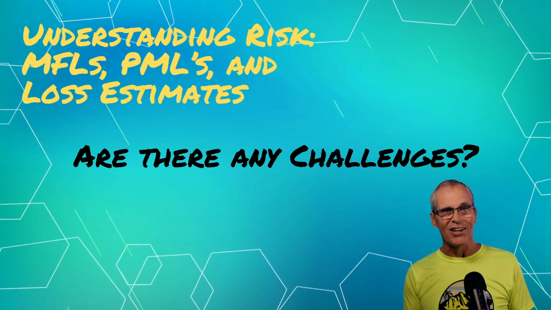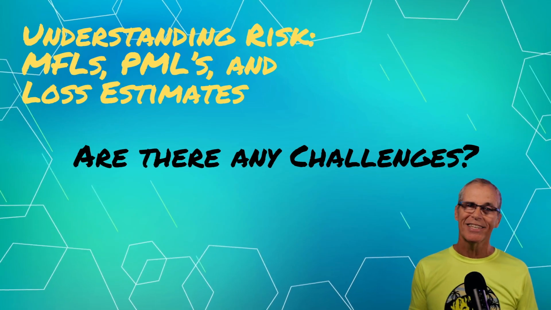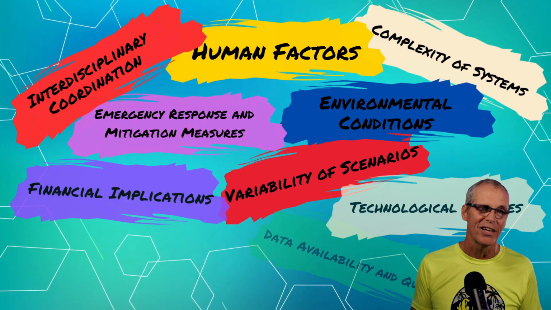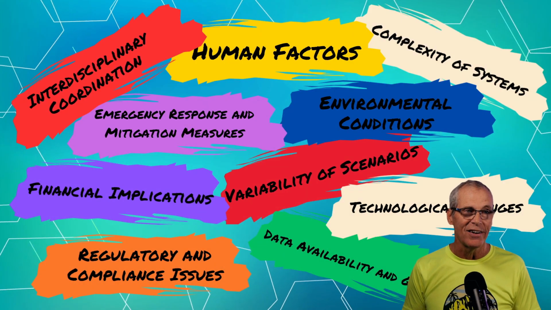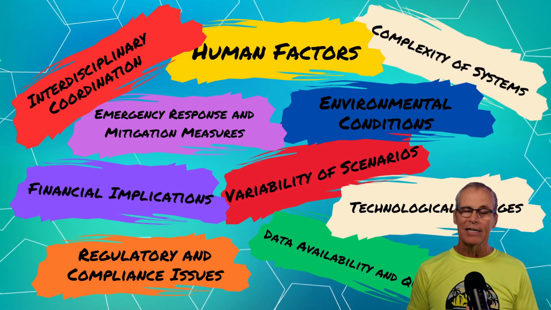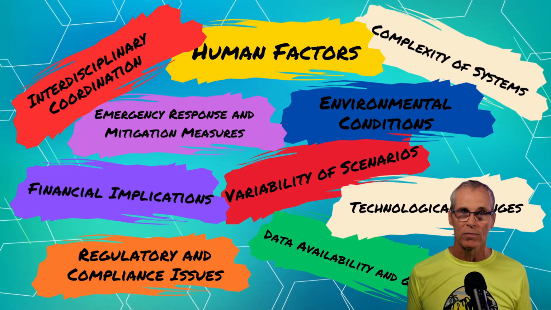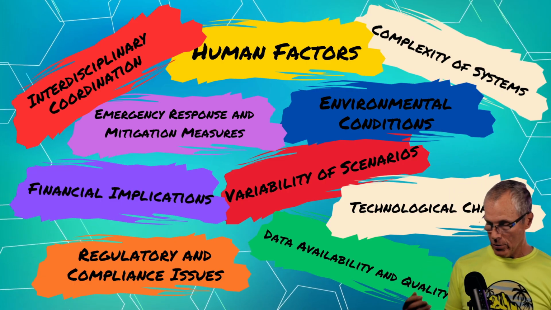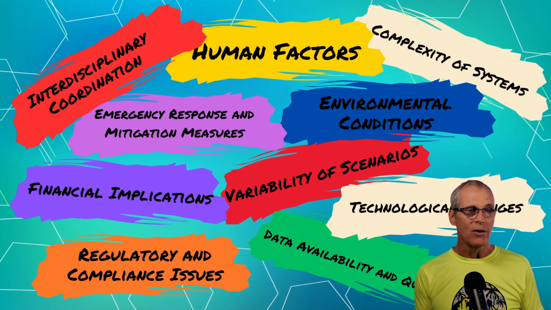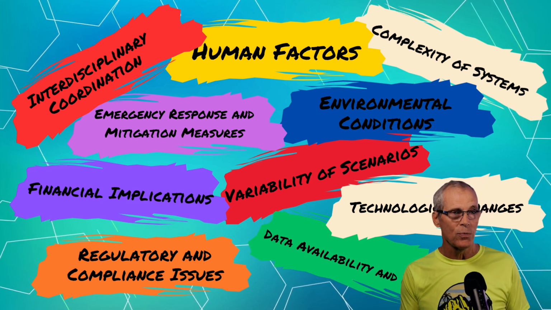Now, are there any challenges to running these models and conducting these surveys? Well, heck yeah, there are. They're complex. People are involved. We need technology. It changes from the time you start writing a report to the time you come back. Regulatory issues, financial implications.